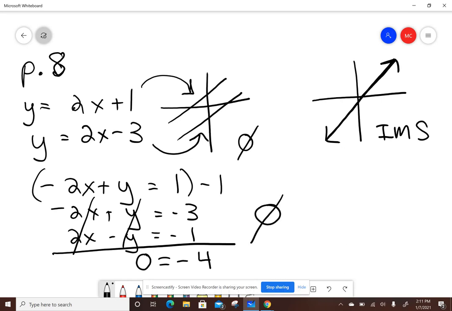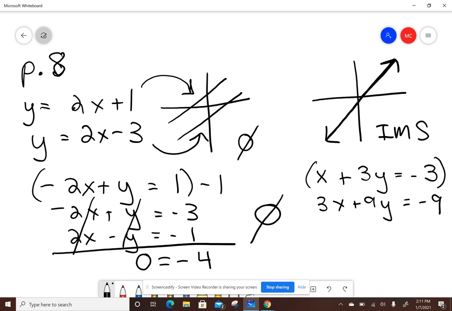Okay, now let's think about what it would look like if it was infinitely many solutions. So if you turn to page 9, you see we have x plus 3y equals -3, 3x plus 9y equals -9. And if I just went to solve this instead of graphing it, I might say, oh, I'll multiply the top equation by -3.